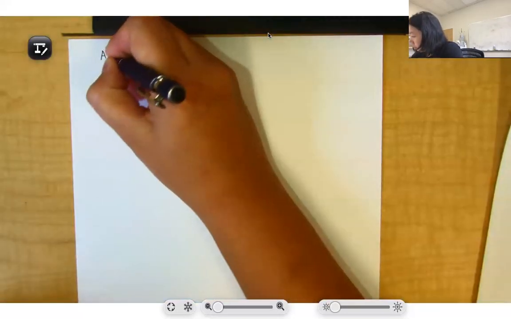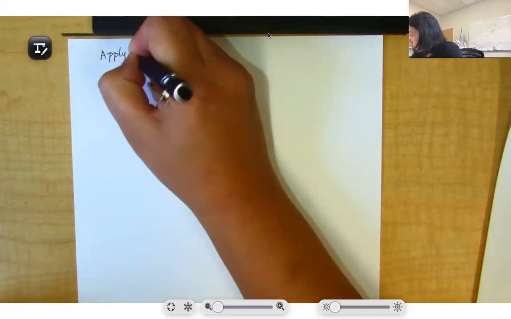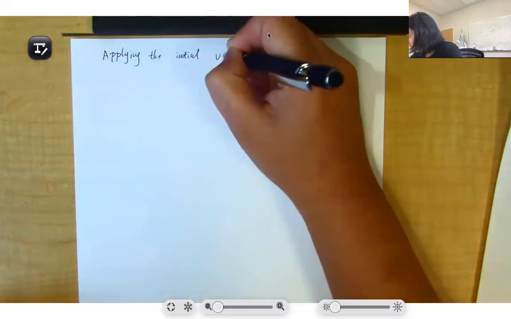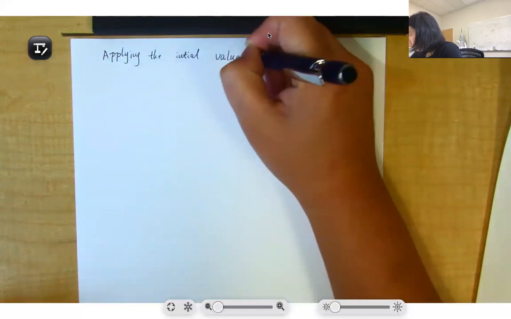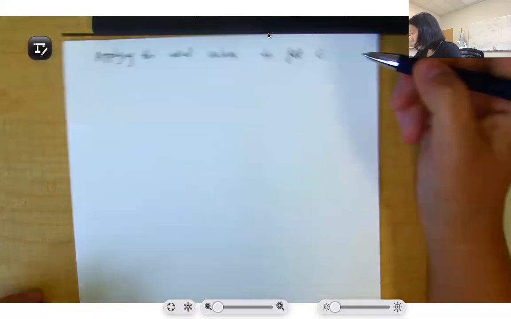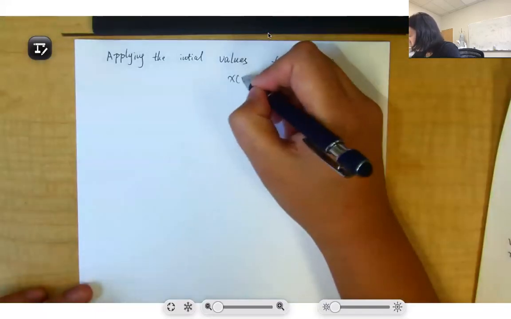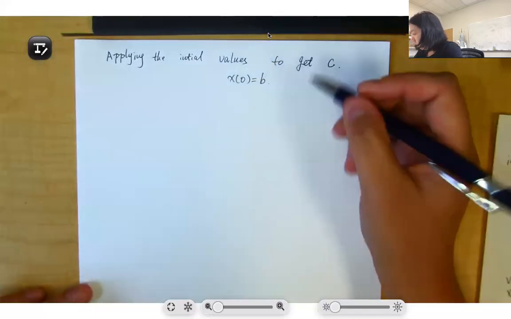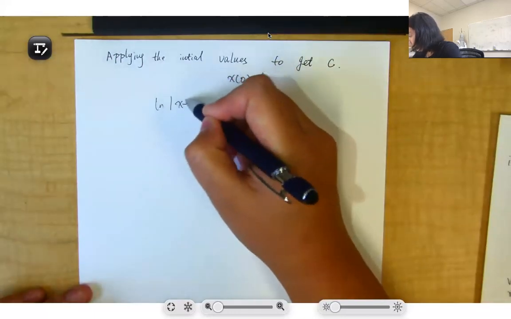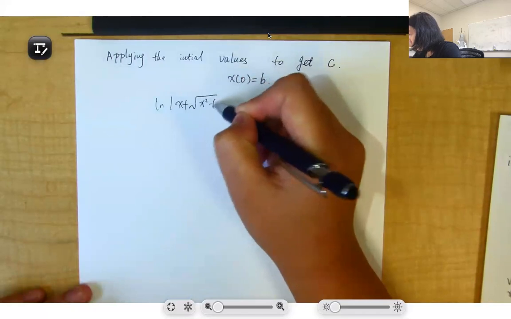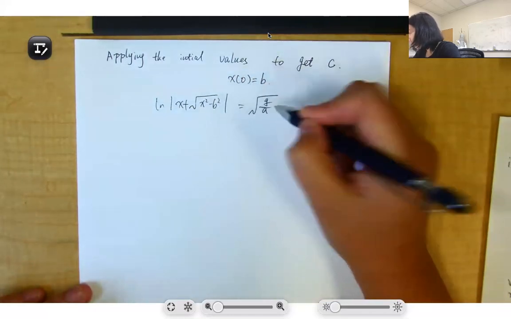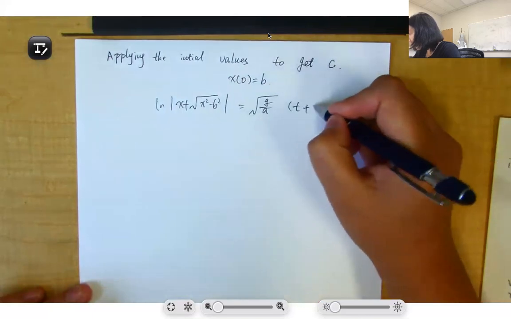Applying the initial value to get constant c, x0 equals b, and our form before is ln of x plus the square root of x squared minus b squared equals the square root of g over a times t plus c.